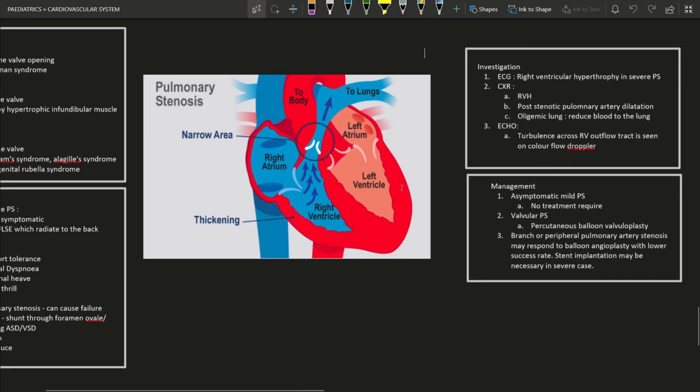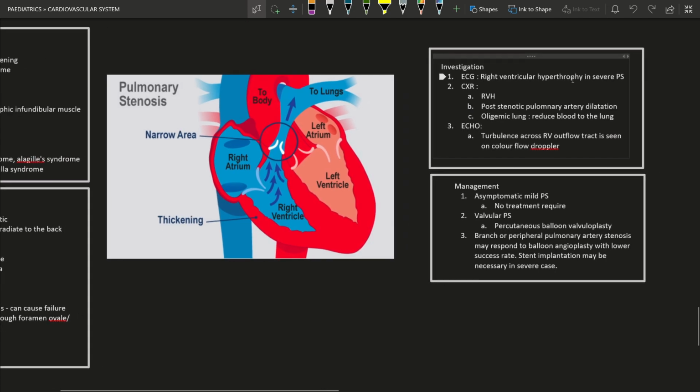Next, for the investigations, you can see from the ECG that they show right ventricular hypertrophy in severe PS. Why do they get right ventricular hypertrophy?